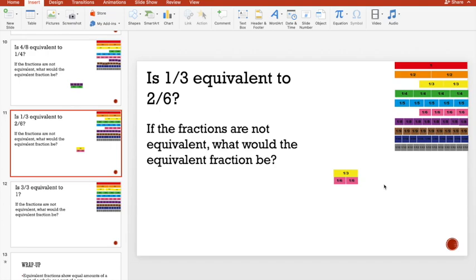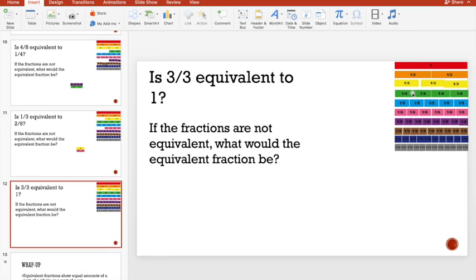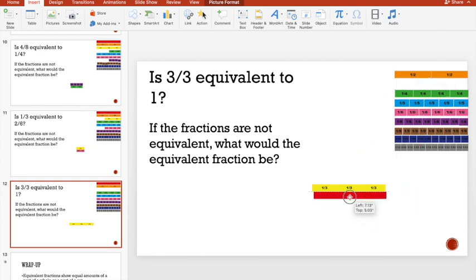Now I'm going to move down 1/3, 2/3, 3/3, and then I'm going to move down my whole number 1 to see if it is equivalent or the same, equal. And the answer is yes, it is equivalent. Something important to remember is if your numerator and your denominator are the same, then it is equal to 1.